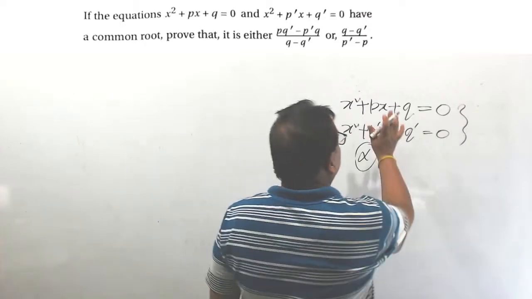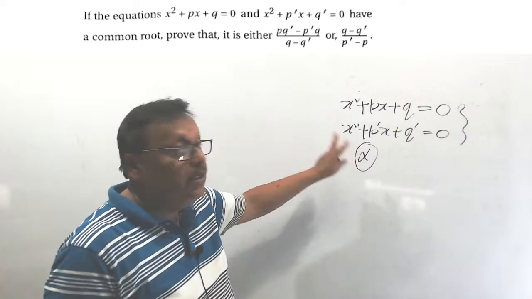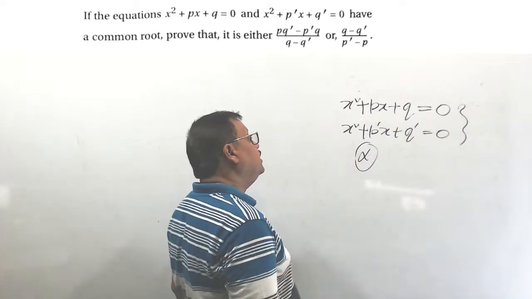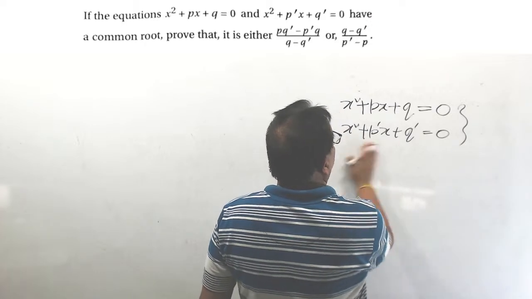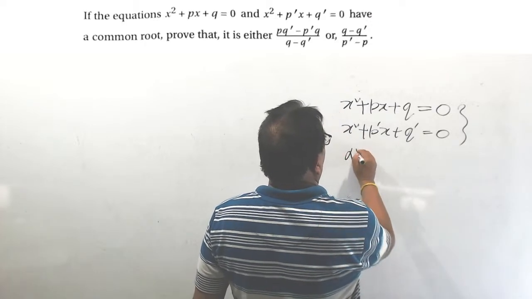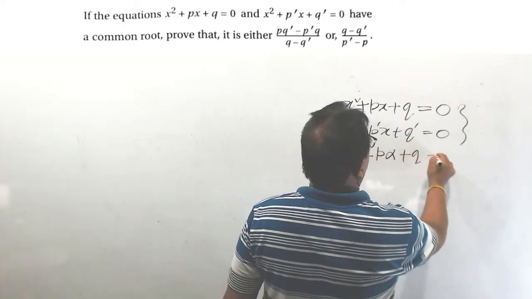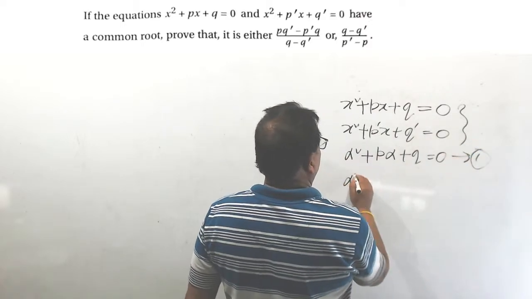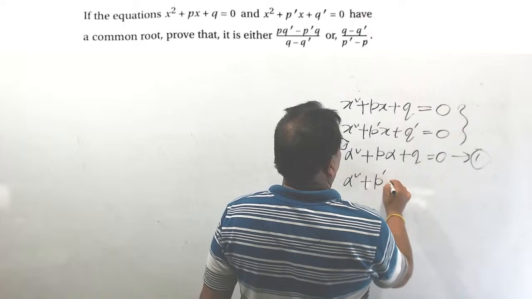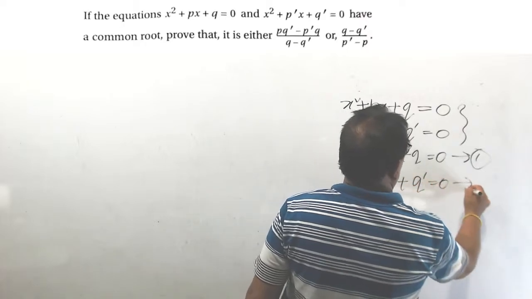So of course these two equations will be satisfied by alpha. So what can you write? Alpha square plus p alpha plus q is equal to 0. And number 2, alpha square plus p dash alpha plus q dash equals to 0.